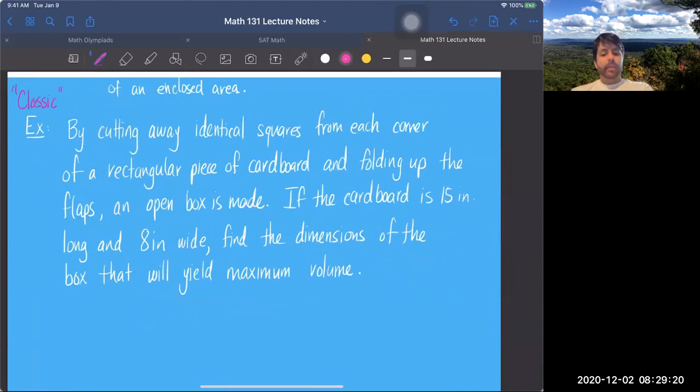So the ones that we've done are the easier kind, the more introductory ones. Now that we have a better idea of what we're doing from the basic level, we're going to work our way up a bit more into the complexity of the problem. Now here, we have to envision this. We have a cardboard that's rectangular again.